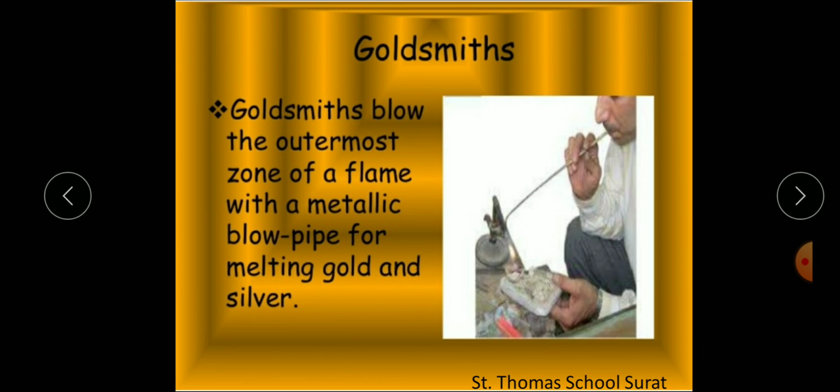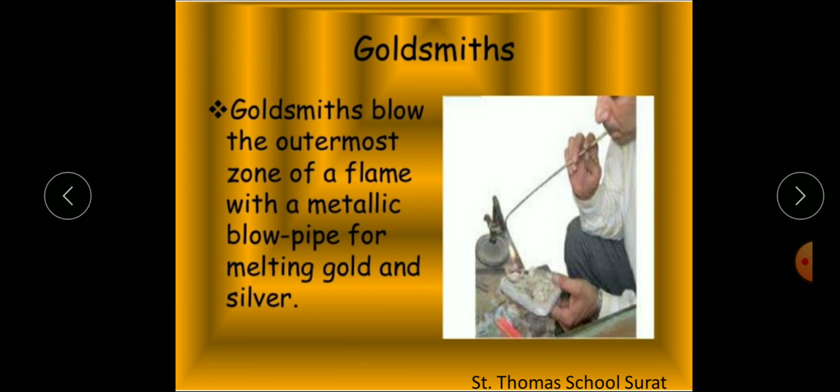Now, students, we have already learned about the fuel. Yes or no? In the previous chapter, we learned about the fuel. What is fuel over here? We learned some qualities about good fuels.